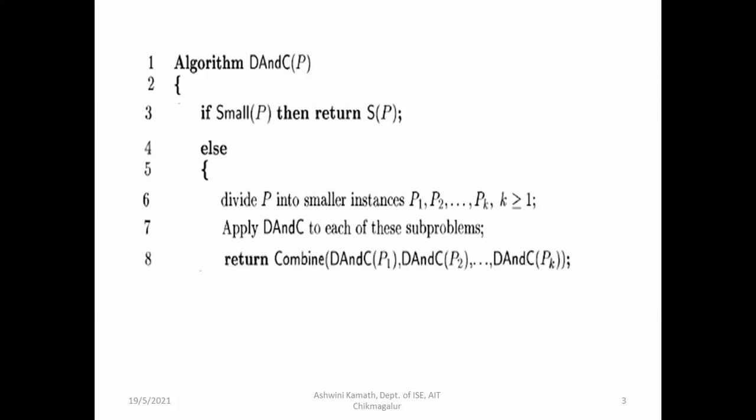Then return the combined solution of all these subproblems: DAndC of P1, DAndC of P2, and so on up to DAndC of Pk. Combine all these solutions and return the solution as a whole. So this is the general algorithm for the divide and conquer technique.